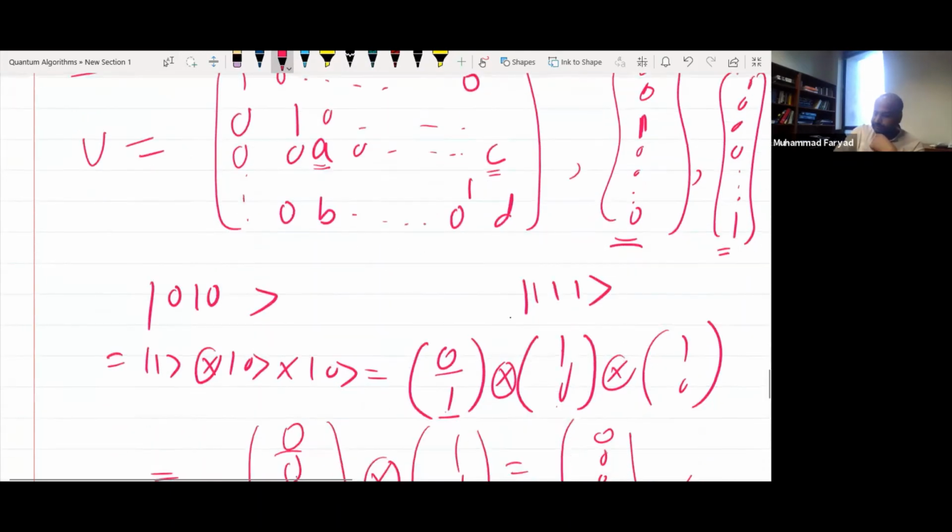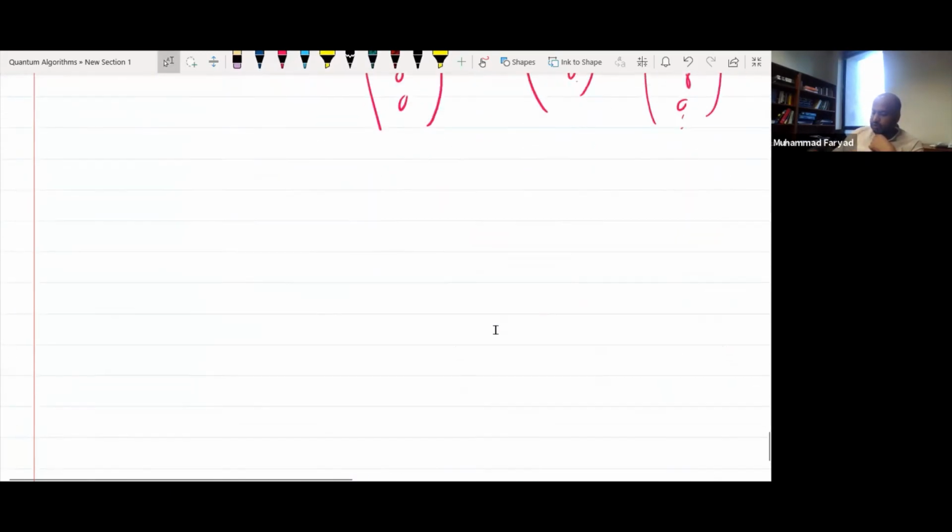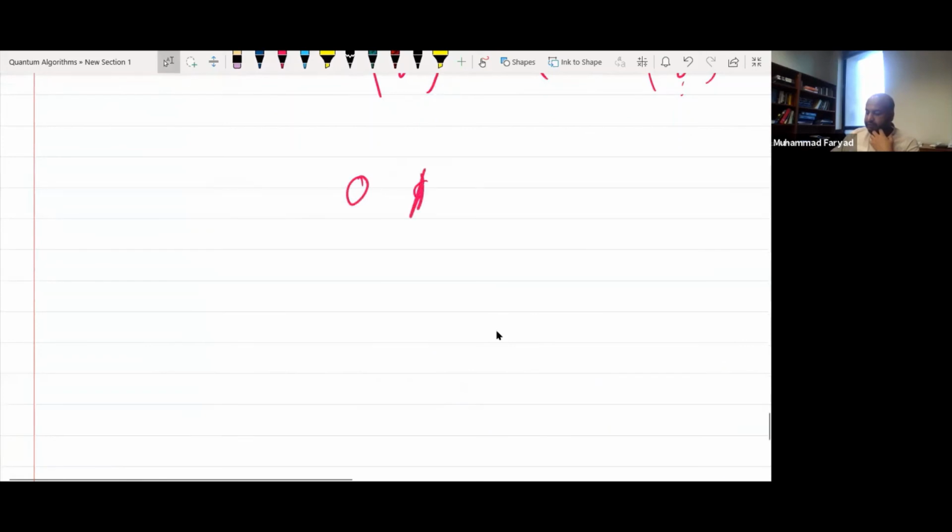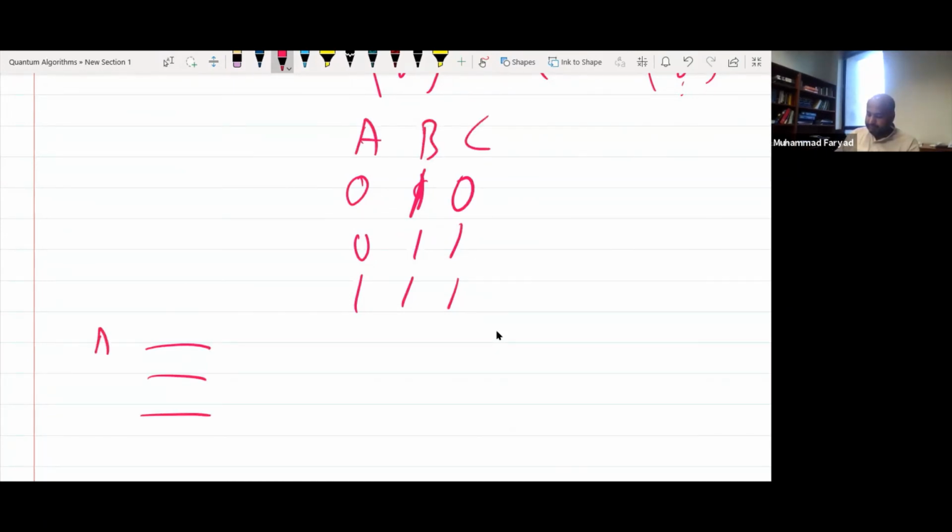and 1 1 1. So for the gray code construction, let's begin from 0 1 0. Then I change this to 0 1 1, suppose, and then 1 1 1. Now for, let's say, A, B, C. Now for this thing, we see that this one and this one is the same. So this is controlled by O, this is controlled by dot, and I implement an X here.